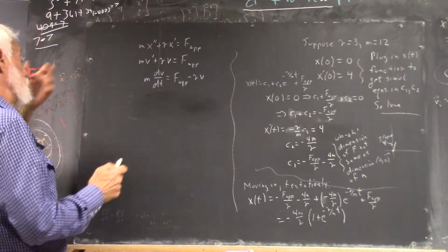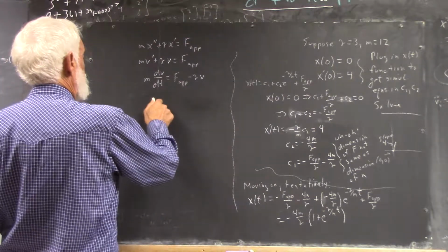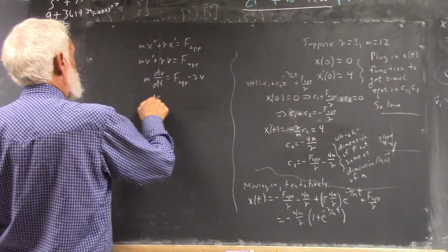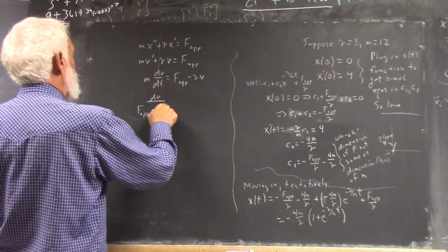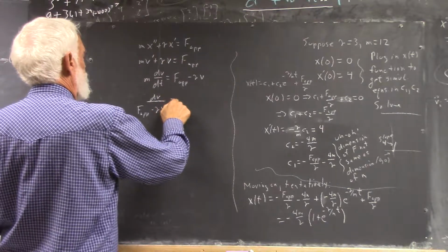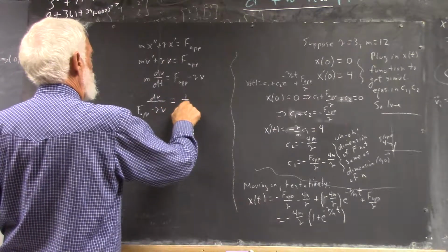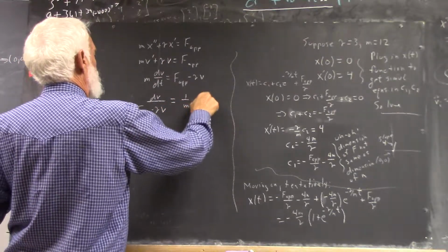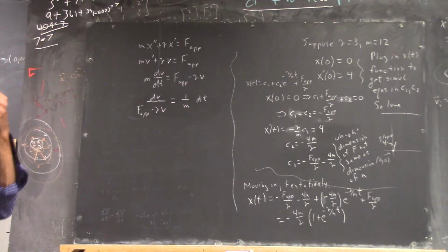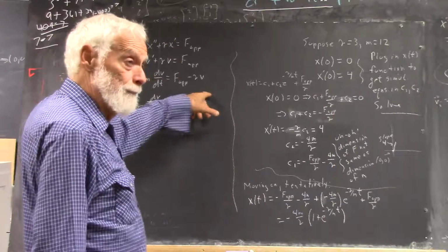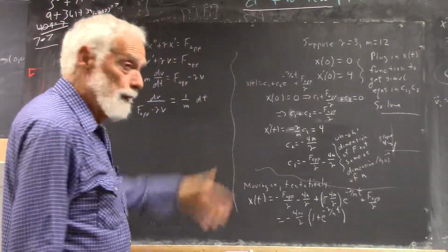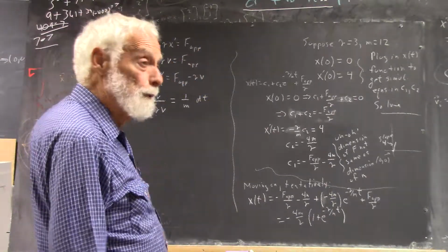And then I can say, okay, so that rearranges to dv over F applied minus gamma v equals 1 over m dt. Okay? Just dividing both sides by m, kind of multiplying by dt, even though that's not really what you do.